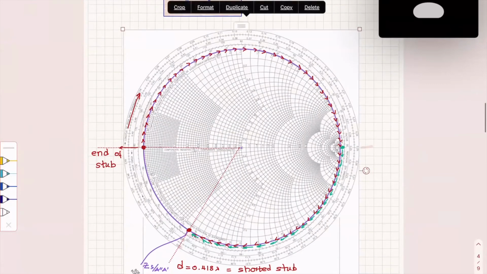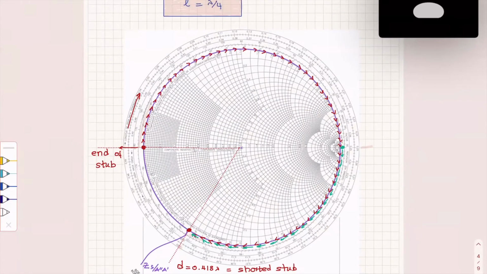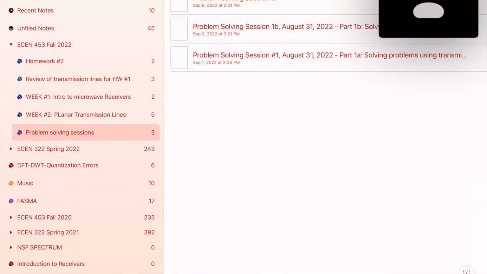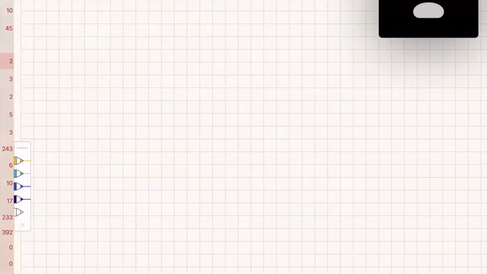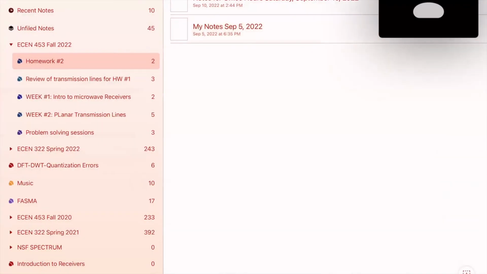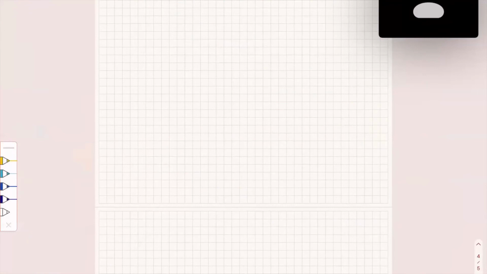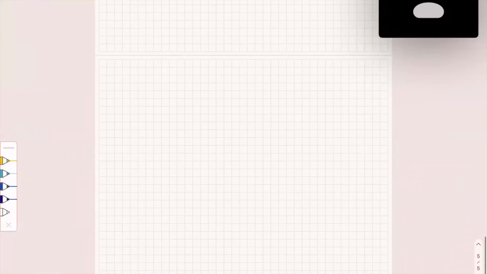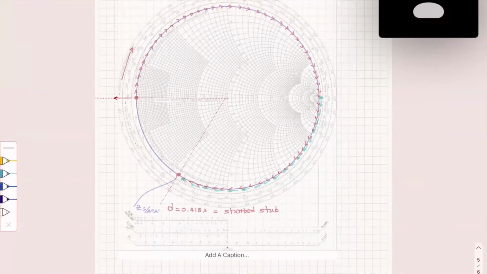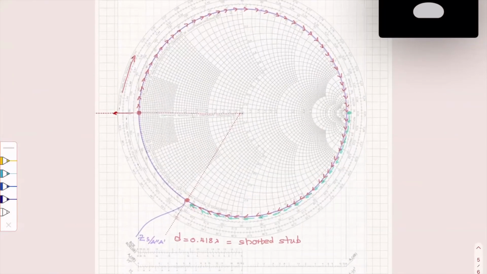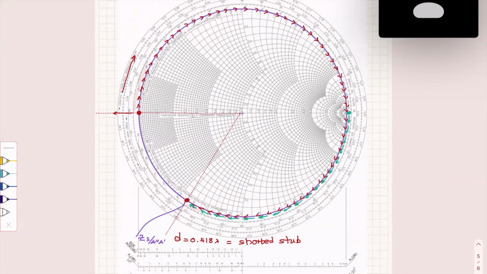Okay, I'll use that and I will clean it up, copy. And then I will clean it up here.